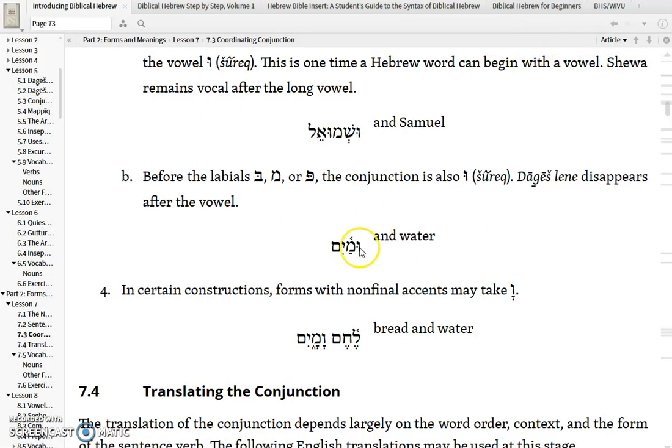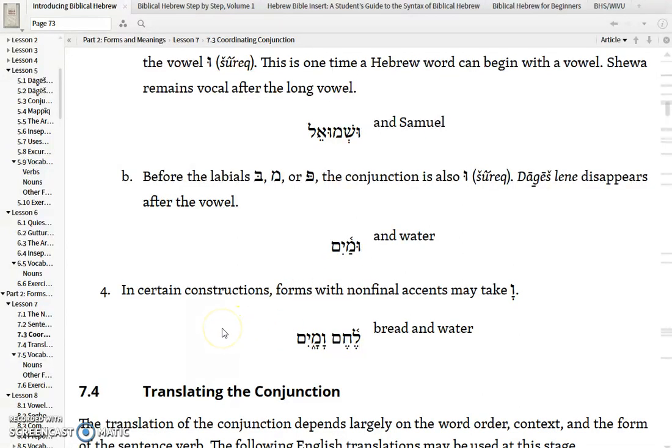So the bump rule will apply to a word like mayim. Mayim is the Hebrew word for water. If you want to say and water, well, because it begins with a mem, then the bump rule comes into play and you get umayim, and water.